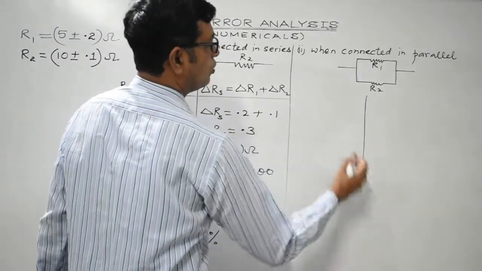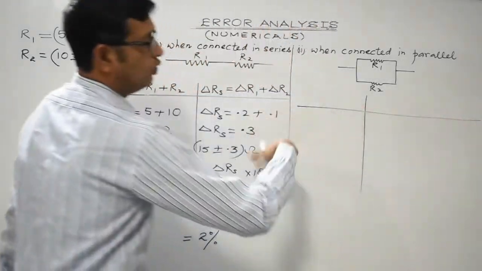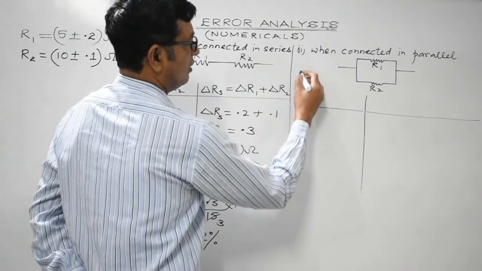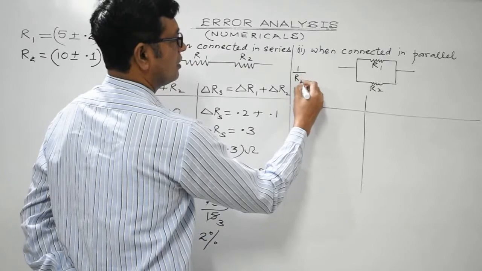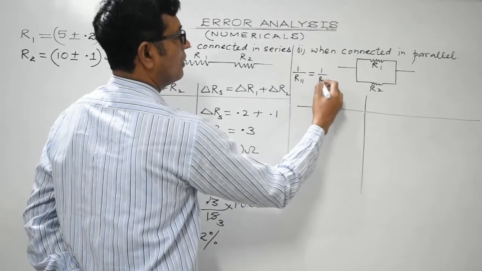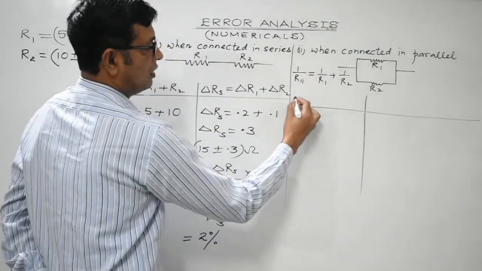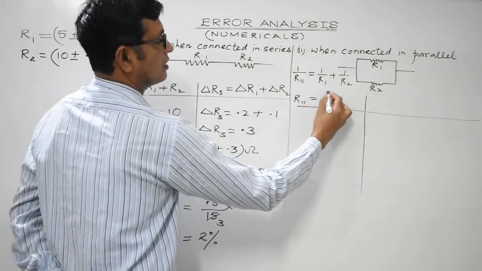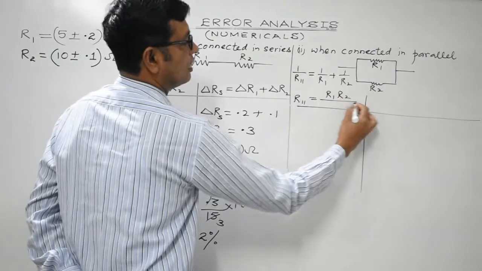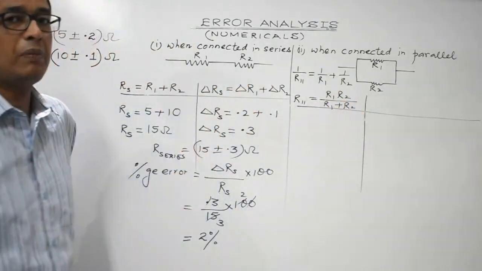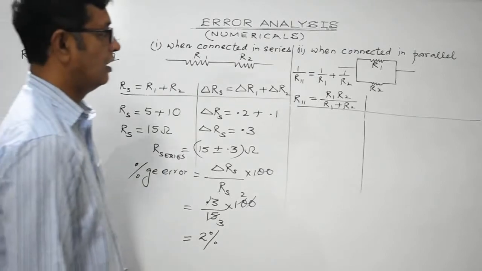Again, we'll divide it into two parts: true value and the errors, isn't it? So, what's the formula basically? We are aware in the parallel case, this is the formula: 1 by R parallel is equal to 1 by R1 plus 1 by R2. So, you can rearrange the terms and write it like this: R1 R2 divided by R1 plus R2. So, this is the formula for the parallel combination, right?